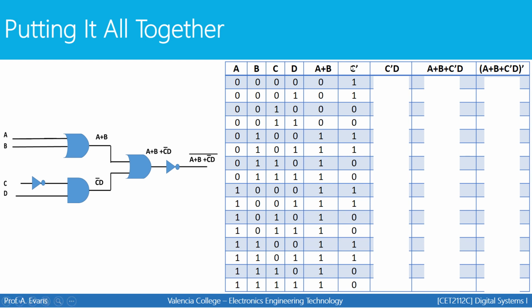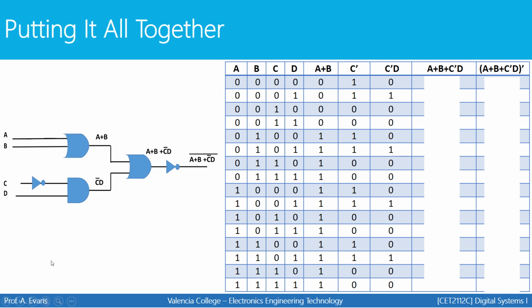Next, I have not C going into an AND gate with D. So I'm going to be looking at column D and column not C and performing the AND operation. In other words, I'm looking for any times where both of these are 1. That is when the output will be a 1.